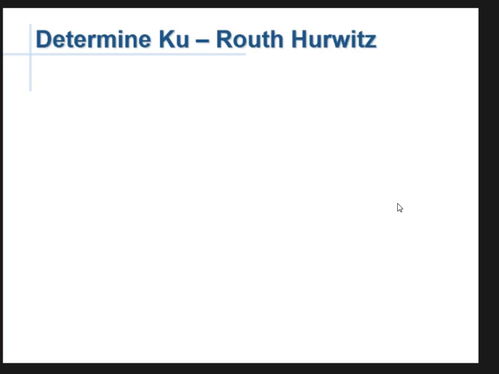Okay, so the idea is we look at the first column, and if there's a sign change in the first column, so the first two elements are positive. If we want to figure out the gain which makes the system become unstable, we can look at the gain which will make this term equal to 0.